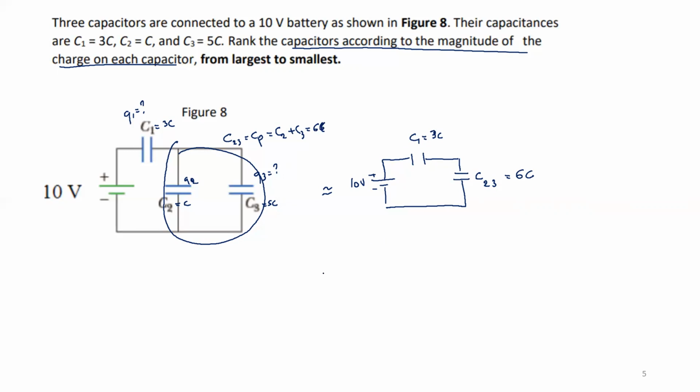Now, this is equivalent to having my 10 volt battery connected to one single capacitance, C1,2,3. Now, 1 divided by C1,2,3, because these two, C1 and C2,3, are in series, just gives me 1 over C1 plus 1 over C2,3.